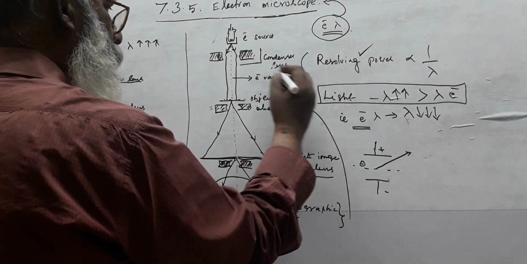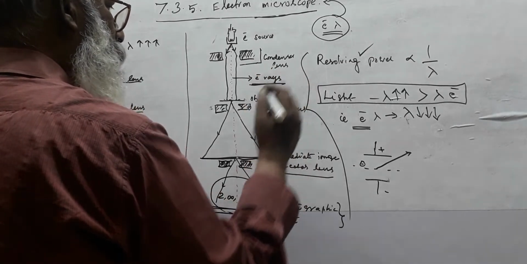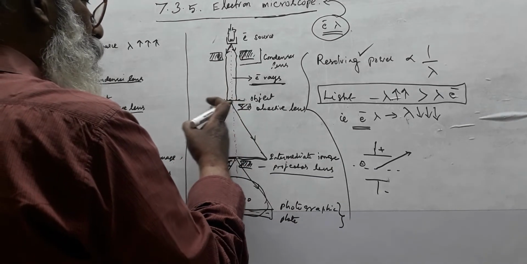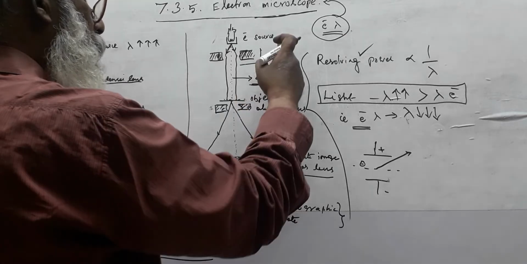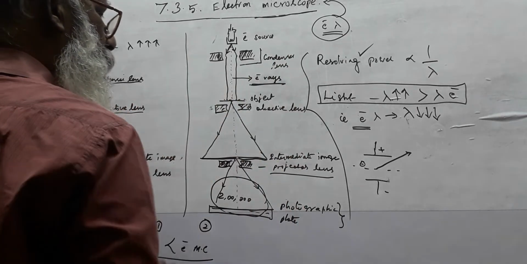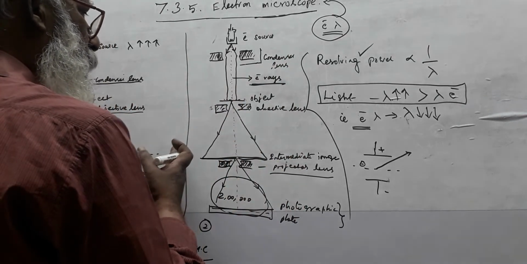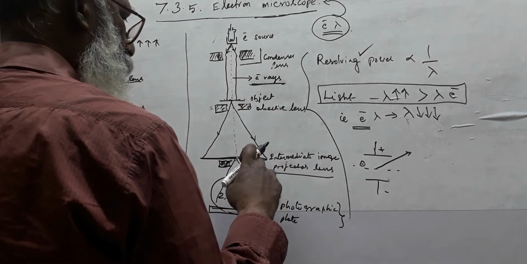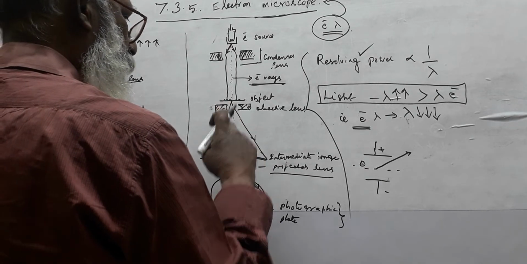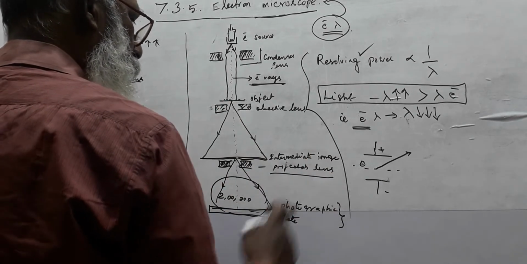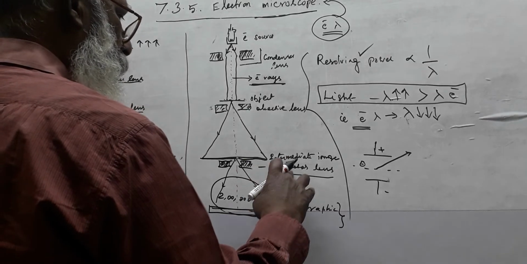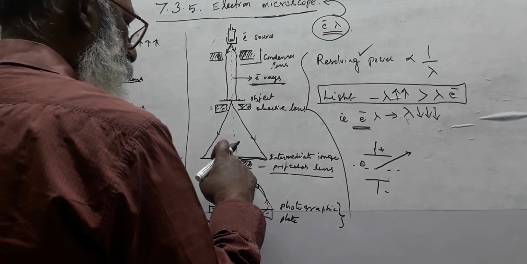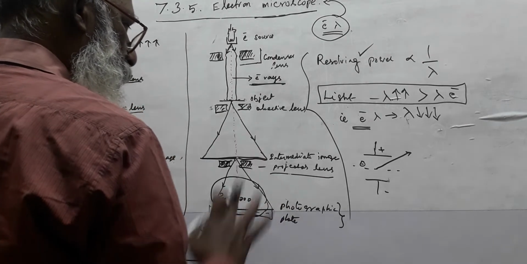The matter waves focus on the object with the help of the condenser lens so that it is magnified. Then the objective lens focuses the magnified image on the intermediate image, and once again the projector lens focuses this intermediate image on the photographic plate.